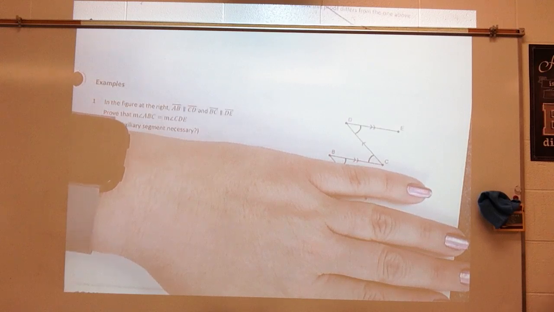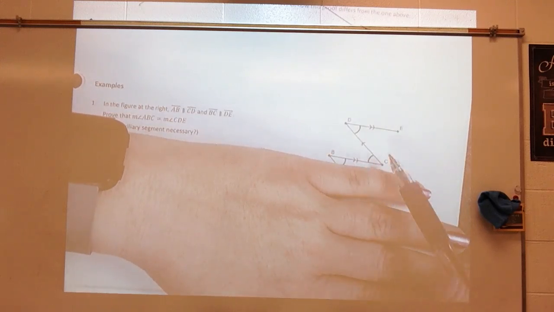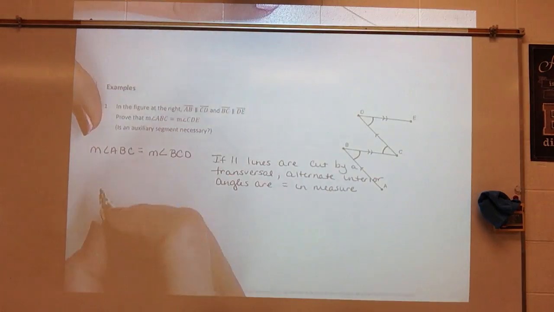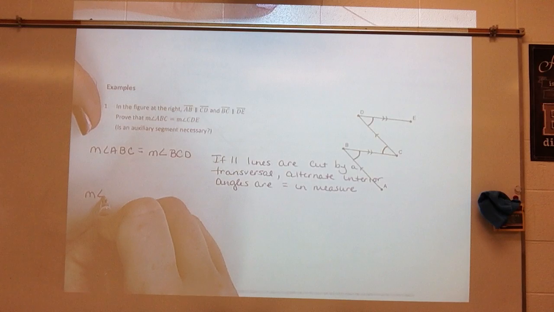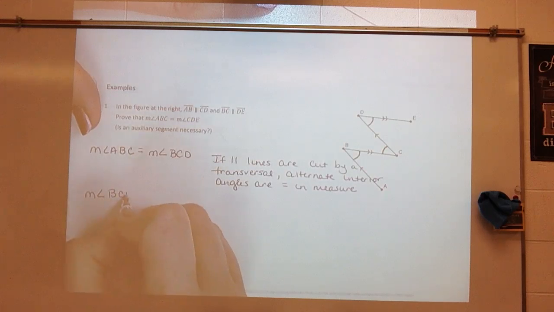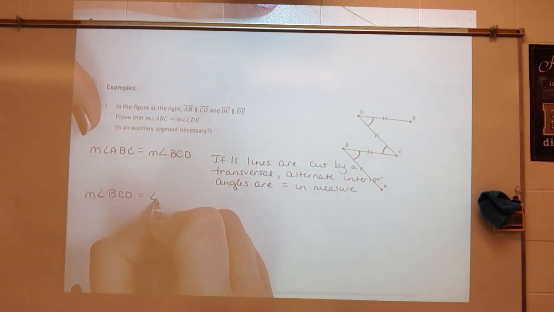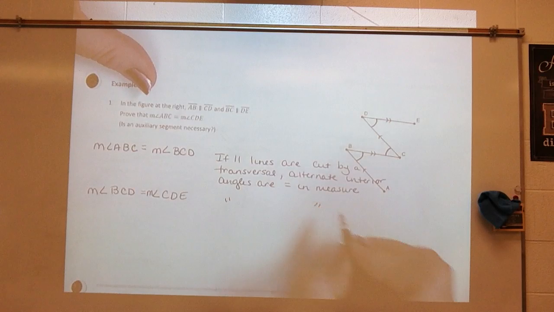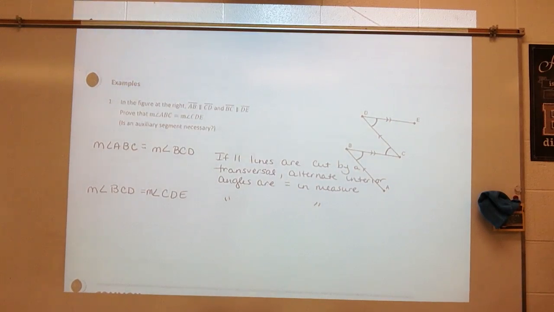What do I know? Well, I know that angle BCD is equal to angle CDE. So the measure of angle BCD is equal to the measure of angle CDE. Why do I know that? Because once again, if parallel lines are cut by a transversal, then alternate interior angles are equal in measure.